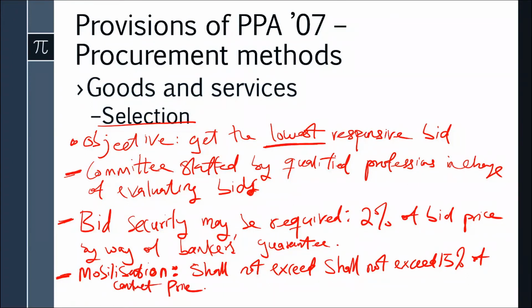And there's even a requirement that if, after selecting a supplier, payments to that supplier are delayed, there should be provision for interest to compensate the supplier for the delayed payment of their monies.